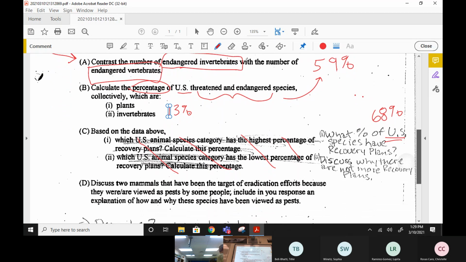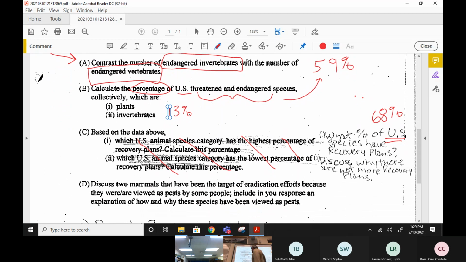Part D, discuss two mammals, probably 2 points here, huh? Discuss two mammals that have been the target of eradication efforts because they were or are viewed as pests by some people, including your response and explanation of how and why these species have been viewed as pests.